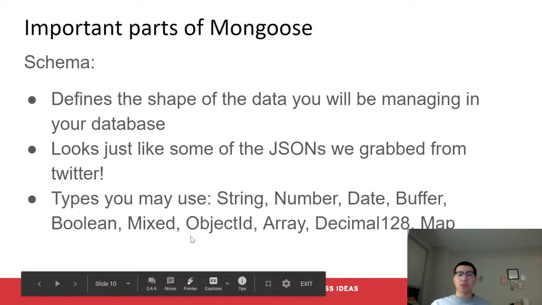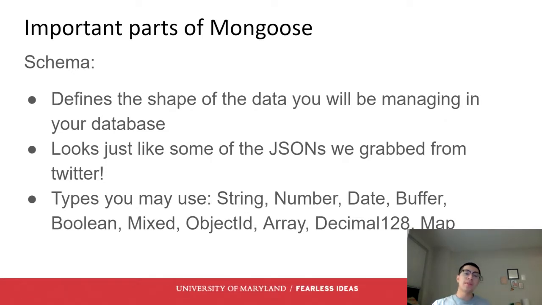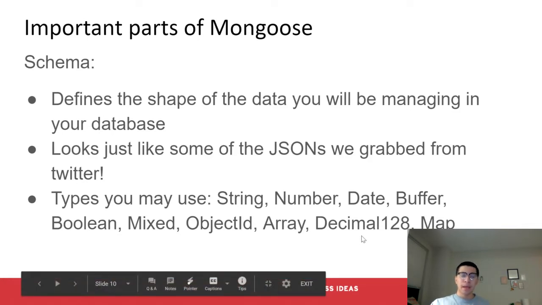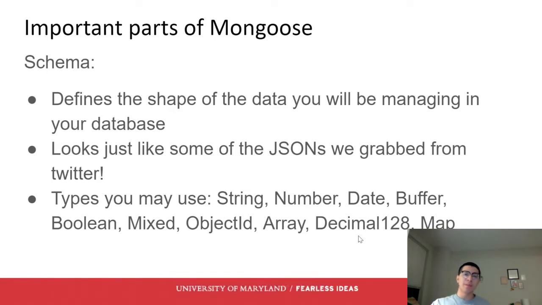And the different types that you can use are limited to these different things. And you have to define what each individual type is. It's not as forgiving as JavaScript in general is, where you can just do let var equal, and you can make it a string or a number or whatever. In this case, you do have to define ahead of time, so that it knows what sort of information is there. And again, the big reason for this is because we want our information to be validated and correctly placed where it needs to be.